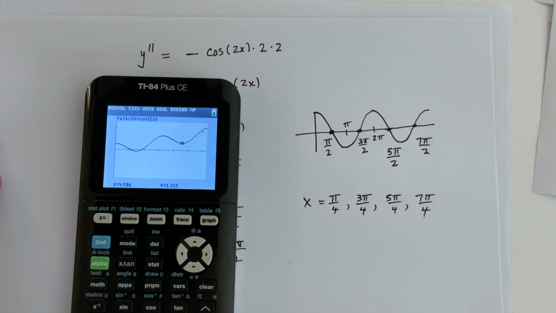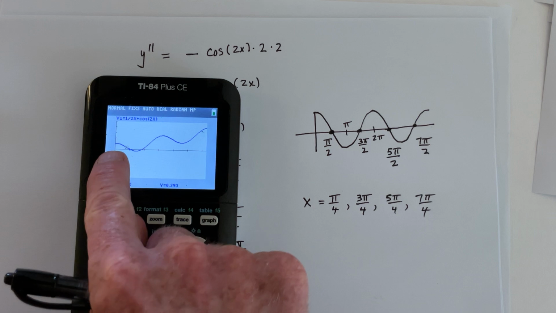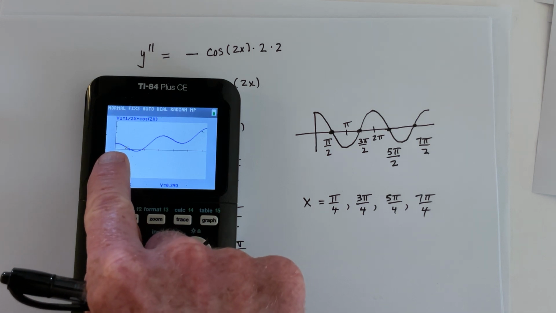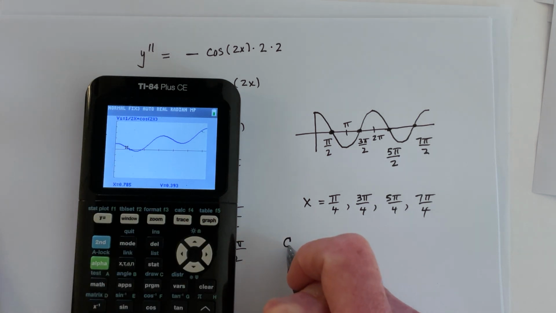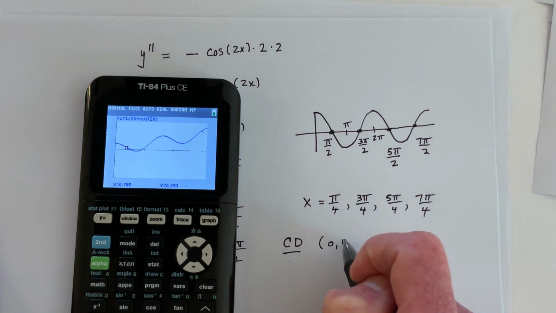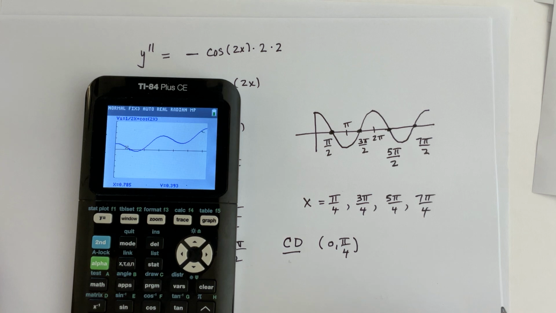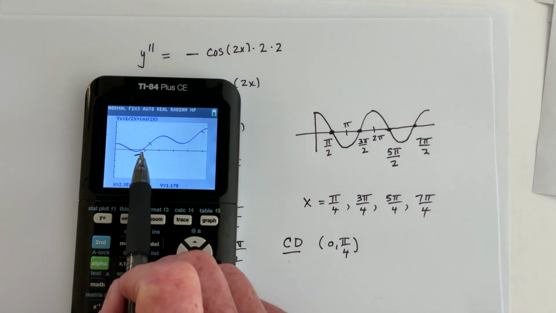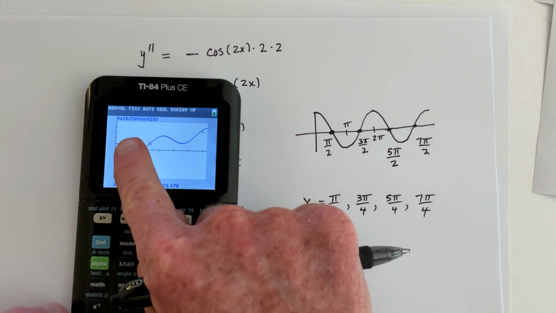So if you go back to the graph and you try the pi over 4, so pi divided by 4, then that part to the left is concave down. So for concave down, that's going to go from 0 to pi over 4. Then if I try the next one, 3 pi divided by 4, then between these two, that's concave up.